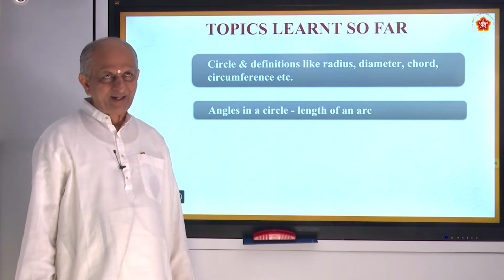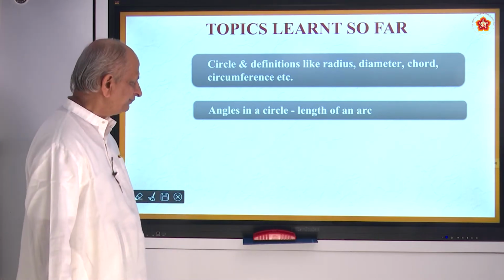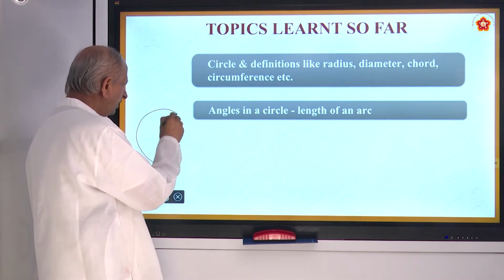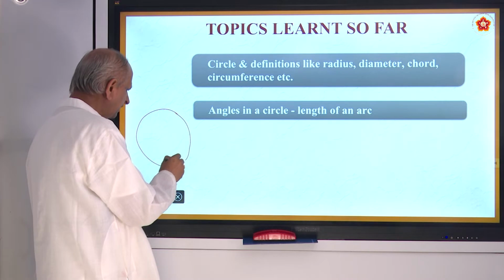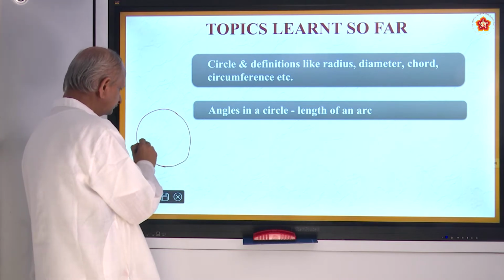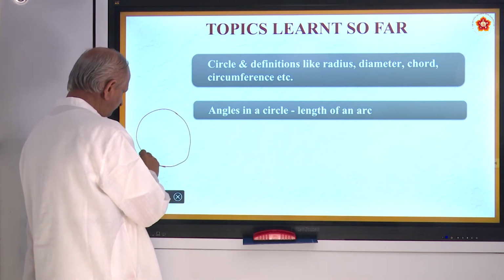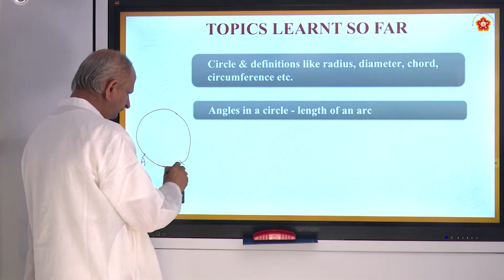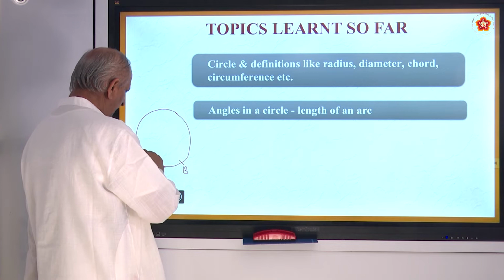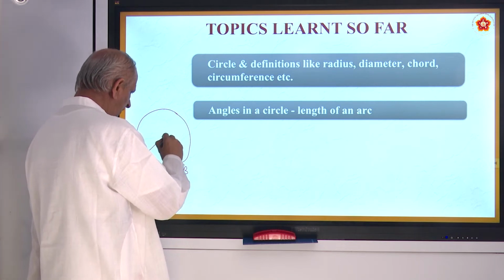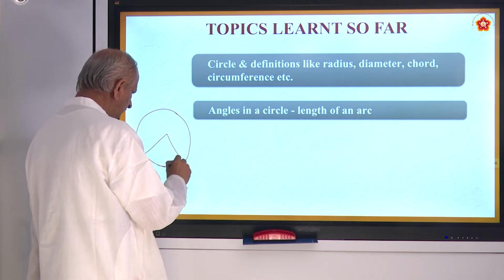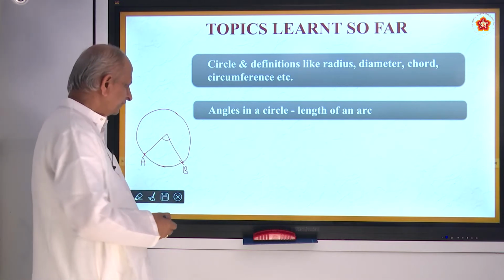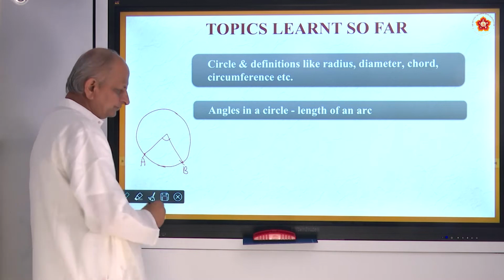Angle formed at the center of a circle. And also you have studied the length of an arc. So when you say a chord AB, the angle formed by the chord at the center, and this is called the length of the arc.